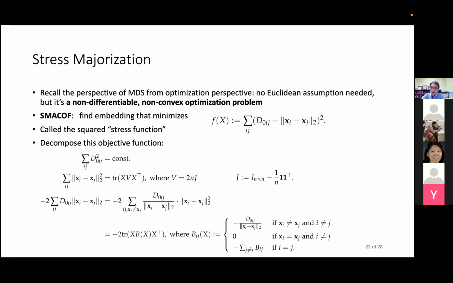I think this is very similar to the idea of preferring an algorithm like EM compared to gradient descent. Gradient descent is a generic algorithm that you can just plug and play. But in lots of cases, for example here, it's non-differentiable, so you end up using subgradient descent. For each non-differentiable point you have multiple subgradients, and you randomly pick one, but it's very likely that your subgradient is not going in the descent direction.